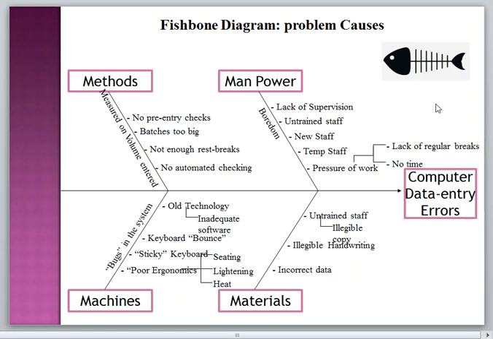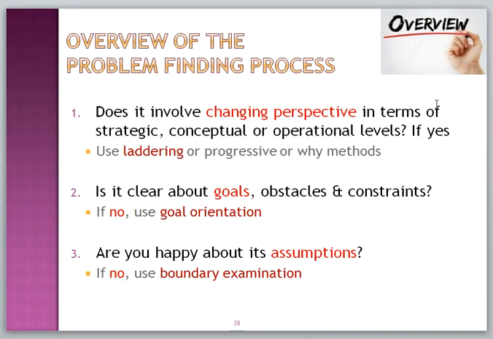We finished the chapter now, and in the end we would like to have an overview that helps us select the right tool for the right situation. So an overview here is that if you have a problem that has changing perspectives, right, it could go up or go down. The concept itself could be a higher level or lower level, it could be a strategic one, or could be implementation, and use the laddering.